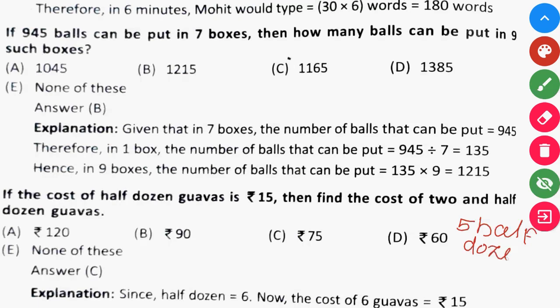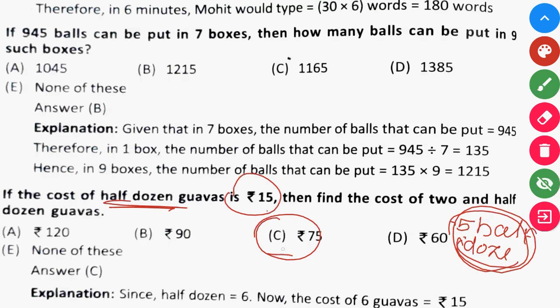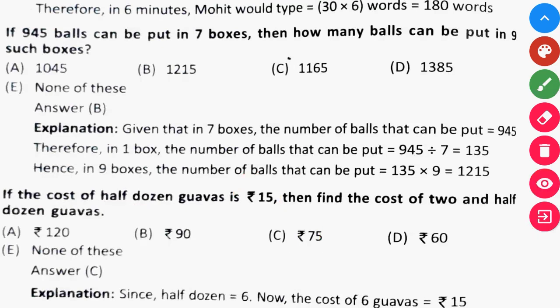Why? Because in 1 dozen there are 2 half dozens. So in 2.5 dozens there are 5 half dozens. So the cost of one half dozen we know. So we have to calculate the cost of five such half dozens. So 15 fives are 75. So your answer is 75. Okay.